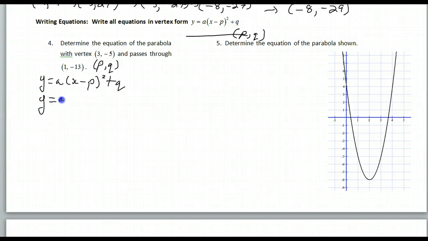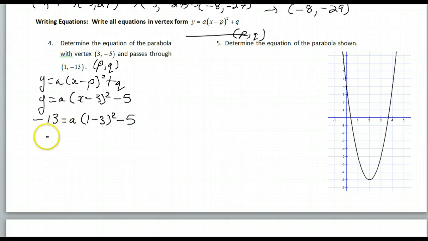So y equals a(x minus 3) squared minus 5. And we know one other piece of information, which is the point. There is a point on the parabola at (1, -13), meaning when y is -13, x is 1. All we have to do now is solve for a.